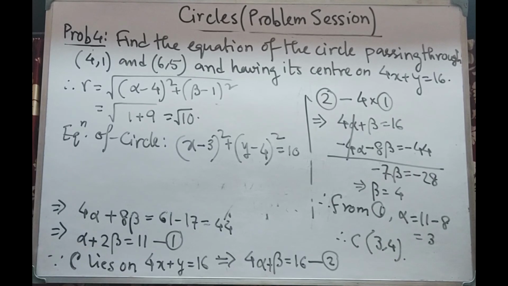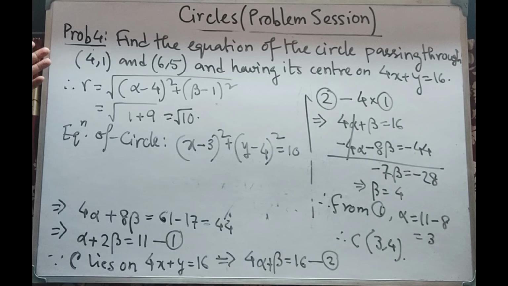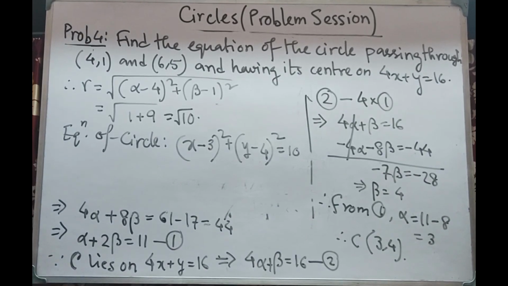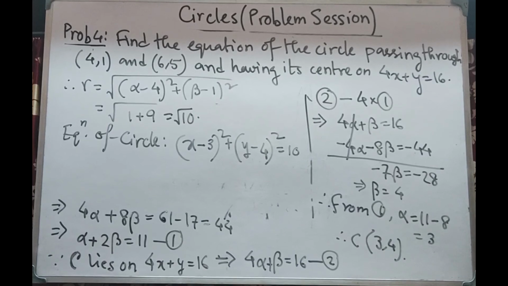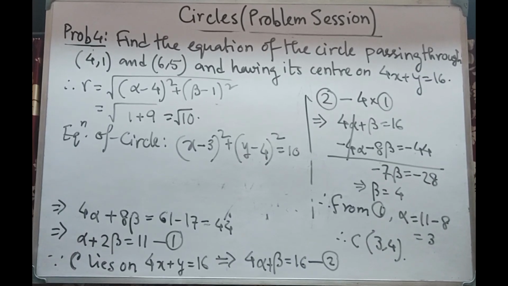Now see one thing, this can be done in another way, that is to take the equation of the circle in the general form and you just put the points in the equation. So you are getting a relation with G, F and C from that, and basically you are having two relations in terms of G, F and C and one relation in terms of G and F from the line.